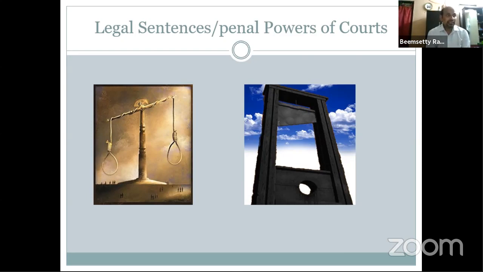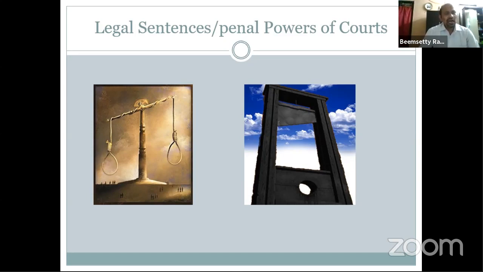Next, what are the powers related to these magistrates? We'll be dealing with that. Just I'll tell you up to the whole country.